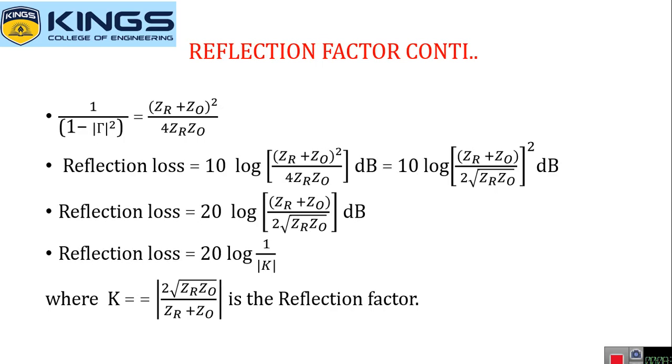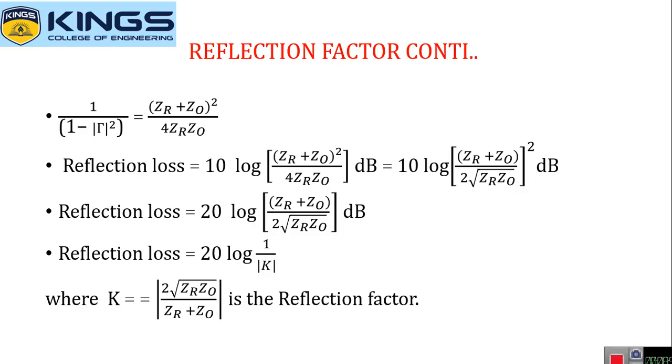So the reflection loss is 10 log of that value, 1 by 1 minus tau square. This is the equation we obtained: 10 log of ZR plus Z0 whole square divided by 4 into ZR Z0, in dB.